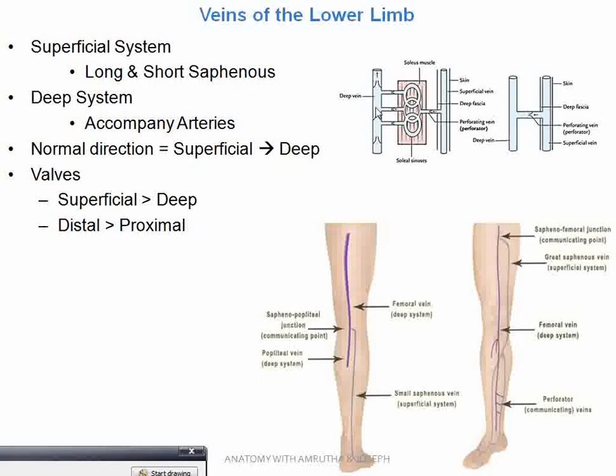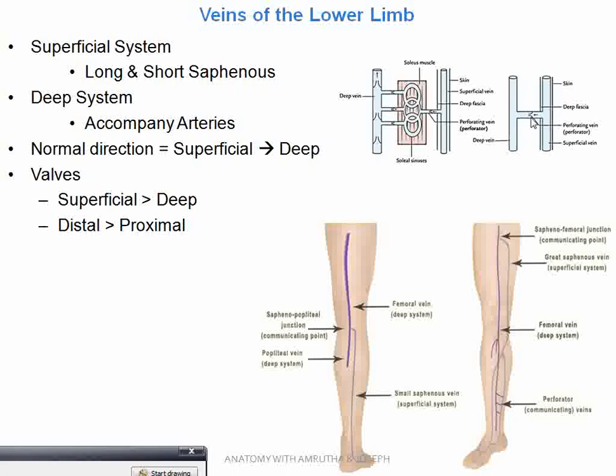The valves do not allow blood to flow in the opposite direction, so blood cannot travel from superior to inferior because the valve will be closed. Similarly, here the valves are located so that they do not allow blood from the deep veins to pass into the superficial veins. There is always a single unidirectional flow of blood.